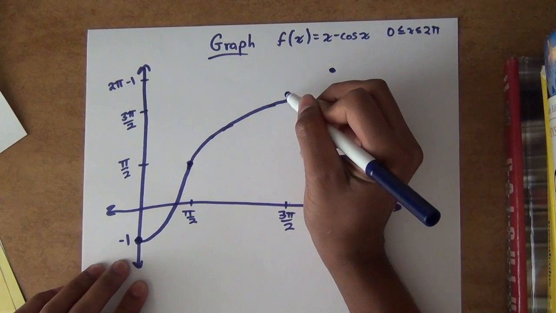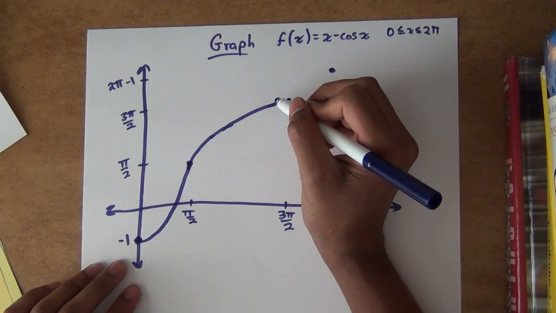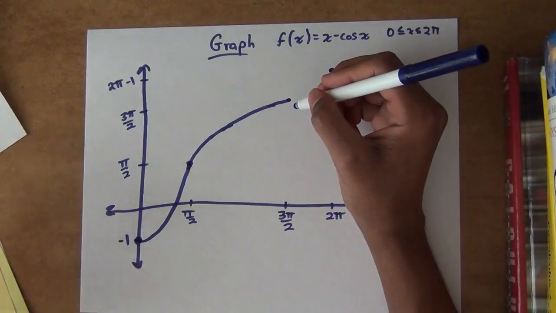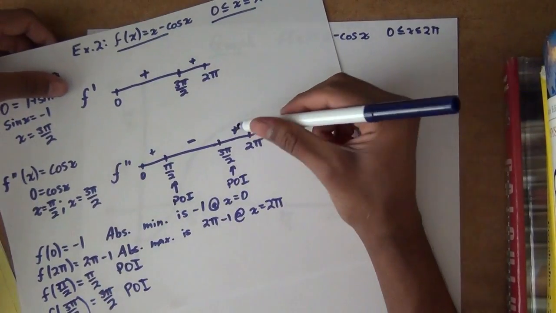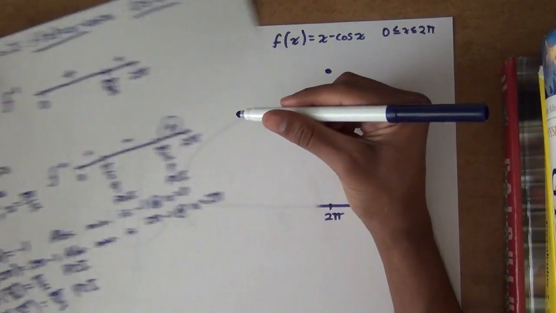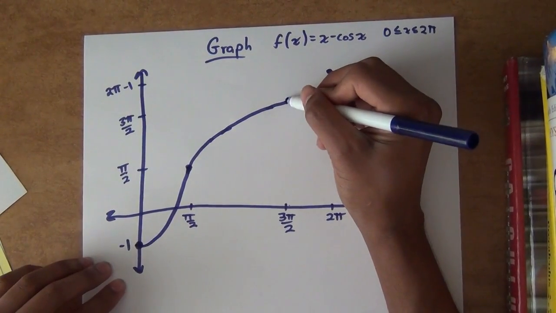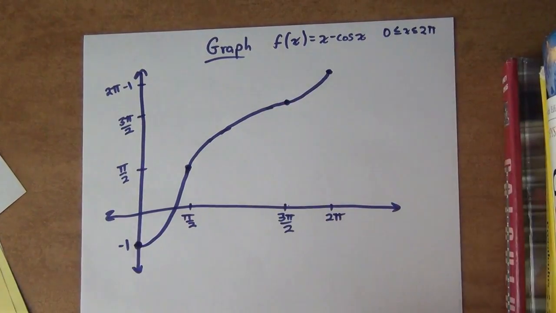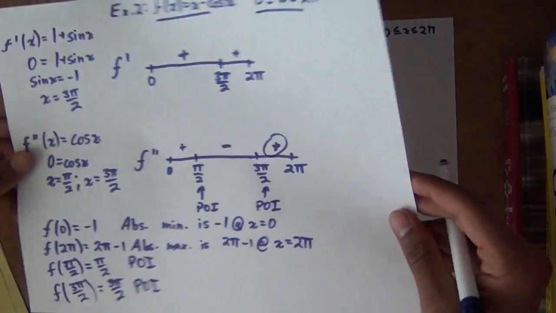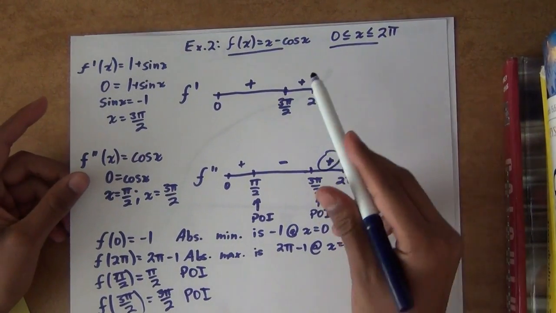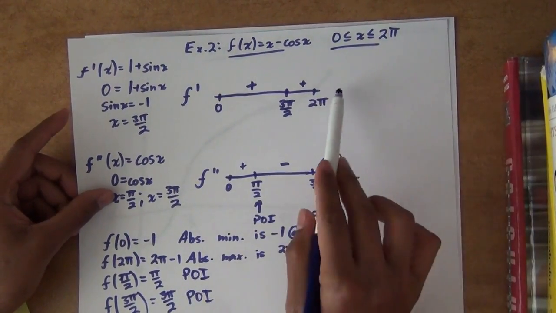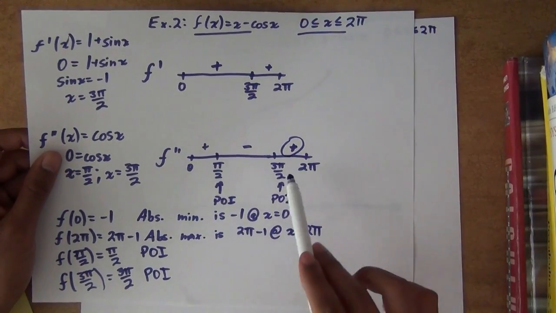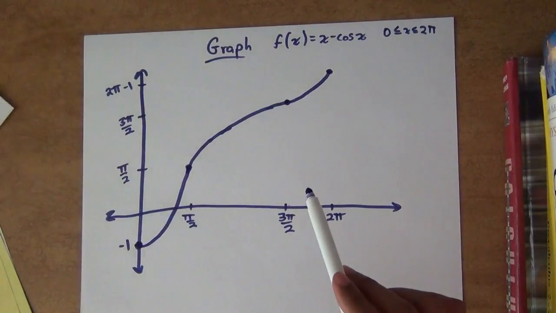Not the best sketch in the world. And then from 3 pi over 2 to 2 pi, it's positive concavity. So once again, it's opening up there. So there's no relative maxima or minima in between the endpoints, as we can see from this. And we have 2 inflection points, pi over 2 and 3 pi over 2.